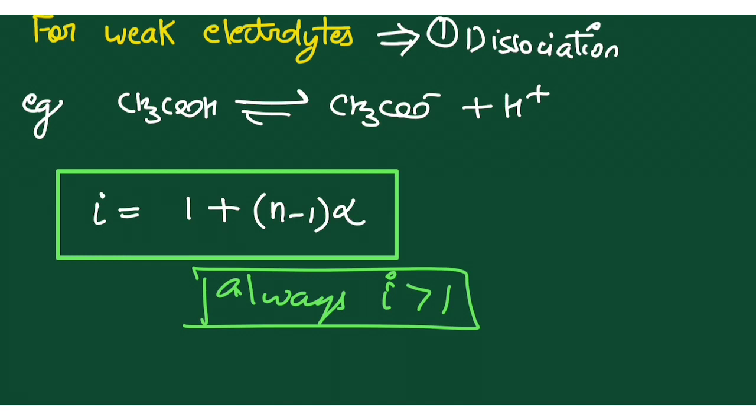You should not take n as 1 in this case. n is the total number of ions formed after dissociation. Here it is 2. Alpha is the degree of dissociation, which will be provided to you. Say if alpha is 10%, you have to take alpha as 10 divided by 100. If alpha is X%, then take it as X divided by 100.